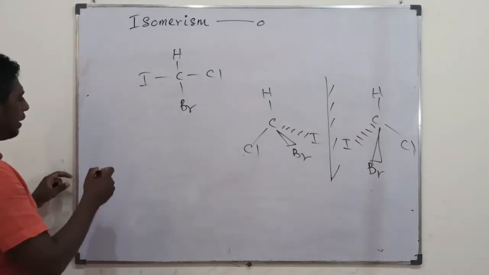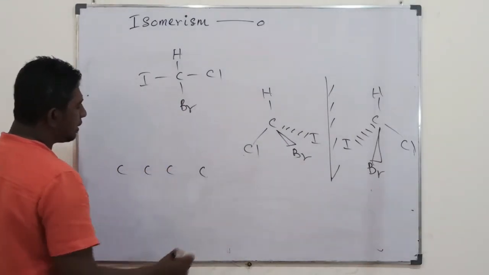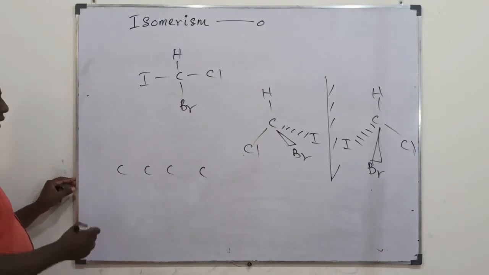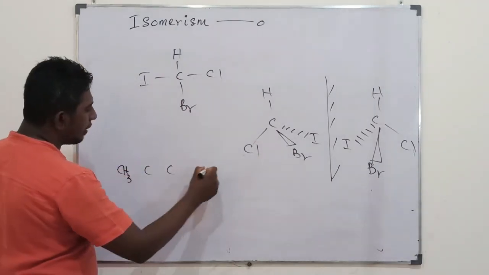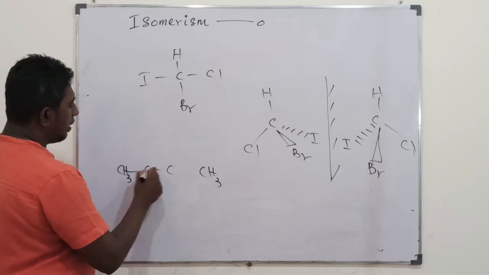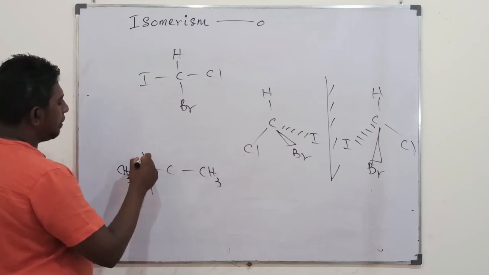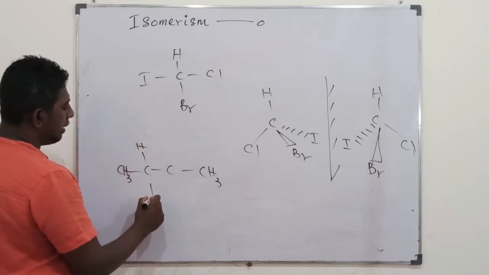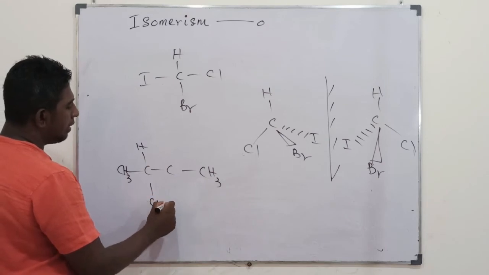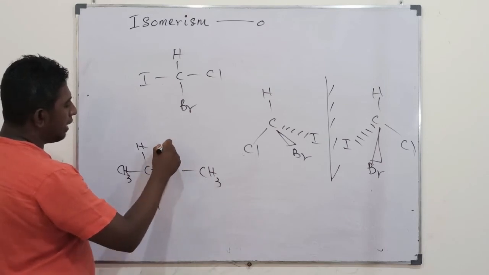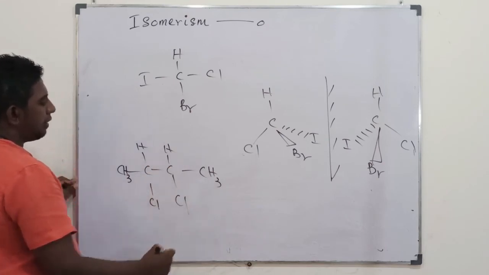Okay. Then students, when you have this kind of structure, so I'll say CH3, CH3. Around this carbon, you have an H. I'll call this Cl. Then this is H, then Cl.